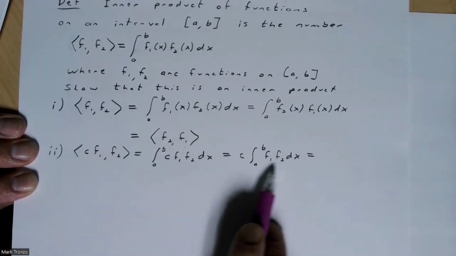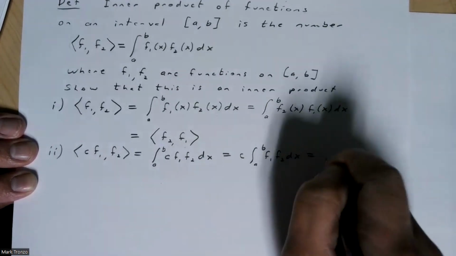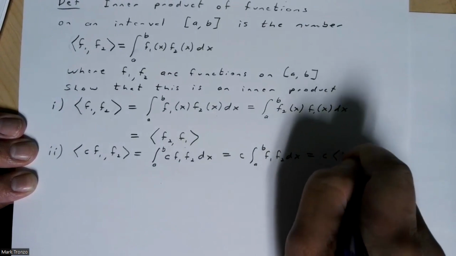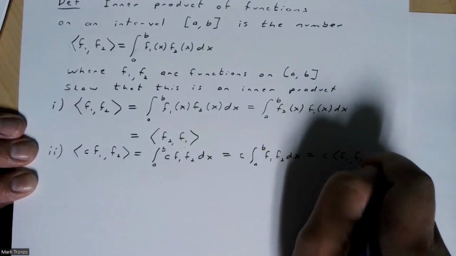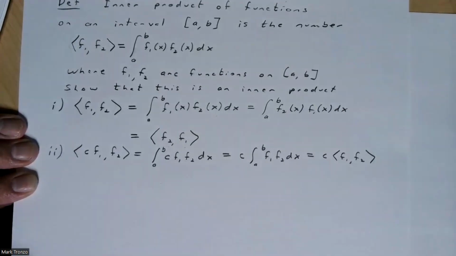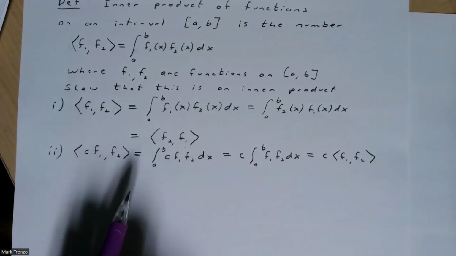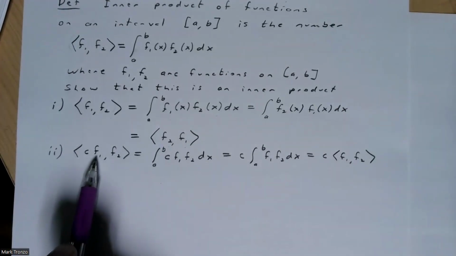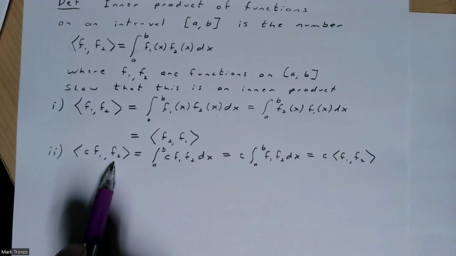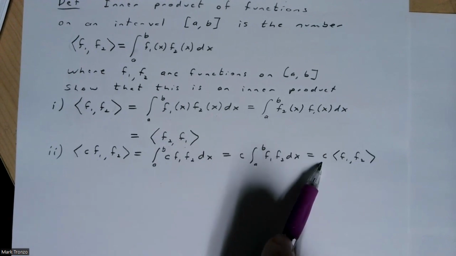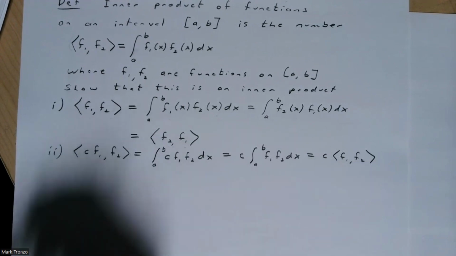And of course, this is the definition of our inner product. So we showed that the constant times one of our vectors, so to speak, with F2 is equal to that constant times that inner product.